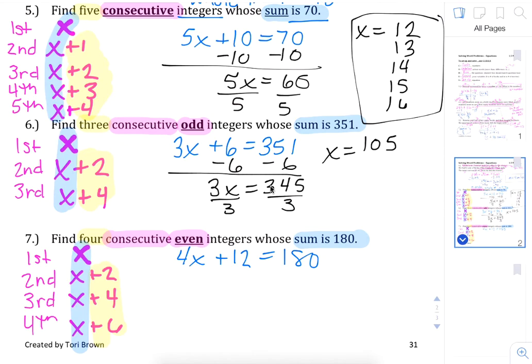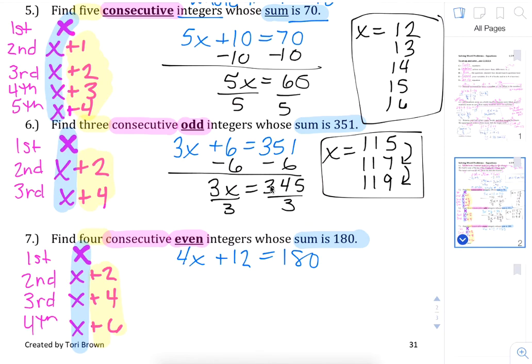That's not right. Sorry, 115, my bad. 115, but we want odd numbers, so make sure you're skip counting. 117, skip again, 119. That is your answers. Those are my 3 consecutive odd numbers, okay?